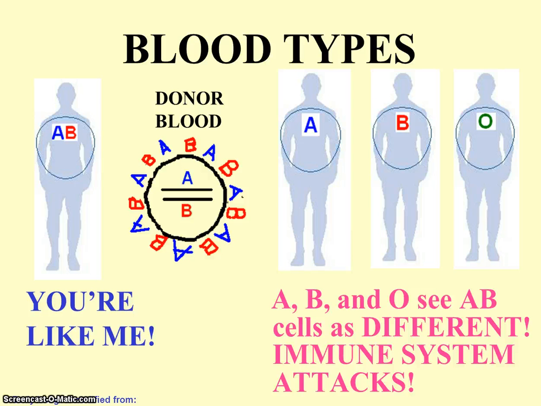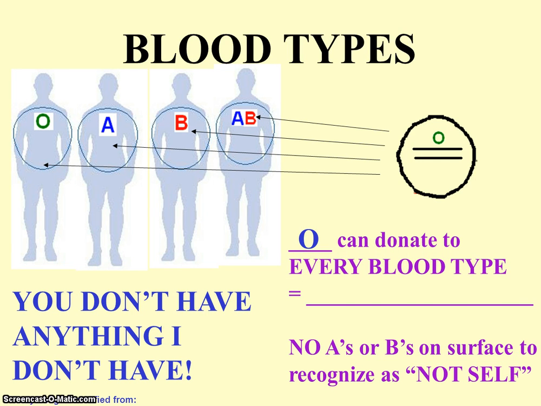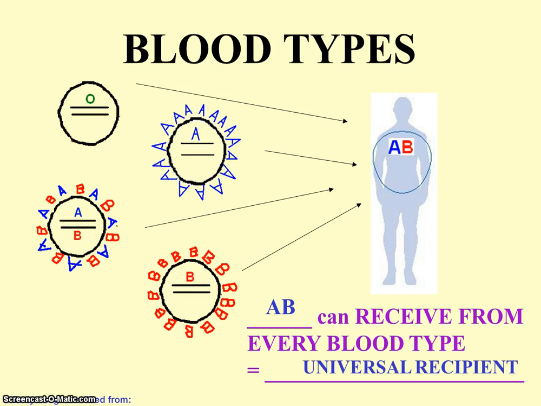AB can't go to anyone, it can just go to AB. The O can donate to everyone, so it's the universal donor. However, it can't take any of those. AB can receive from everyone, and so it's called the universal recipient.